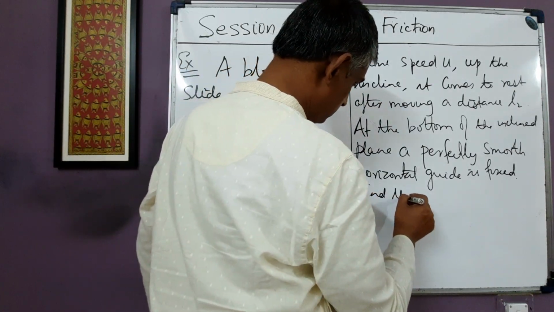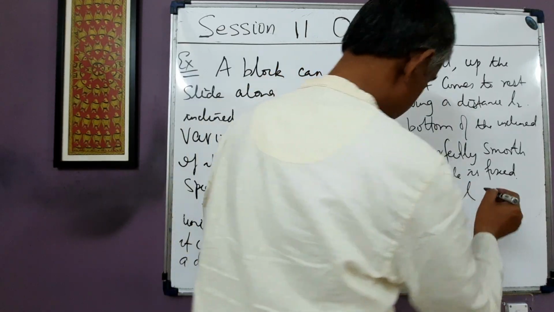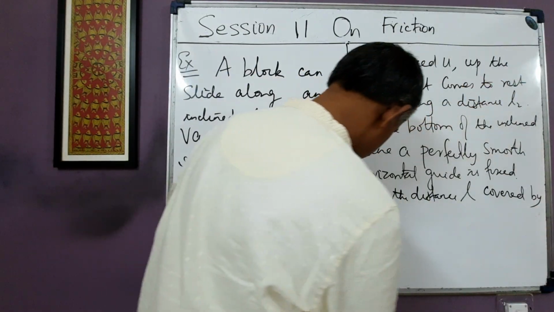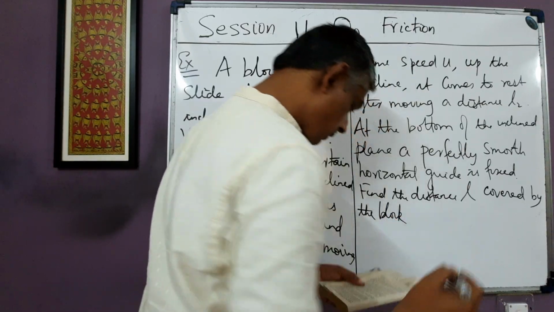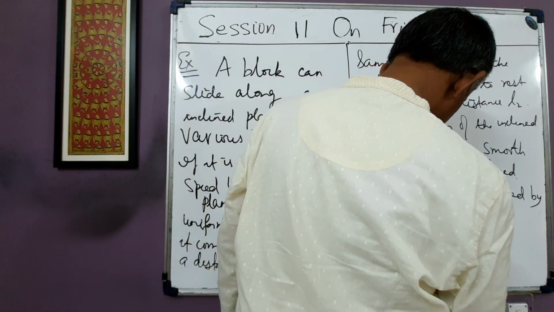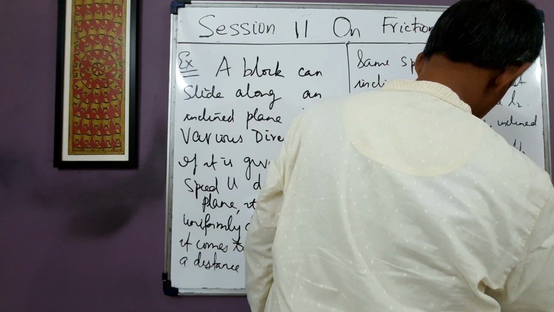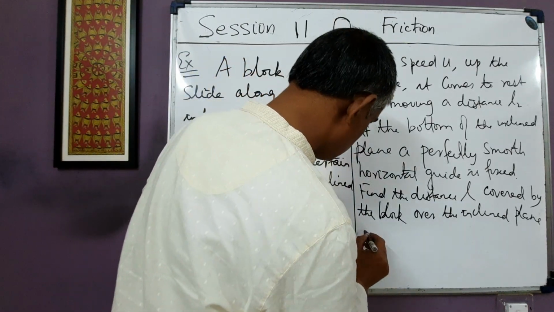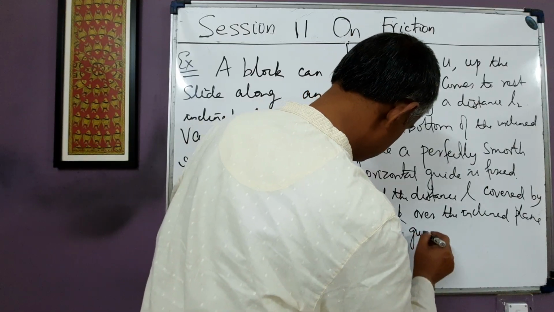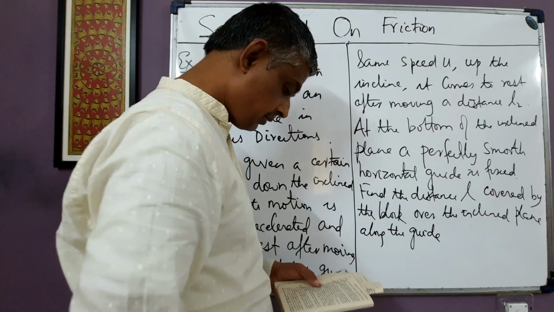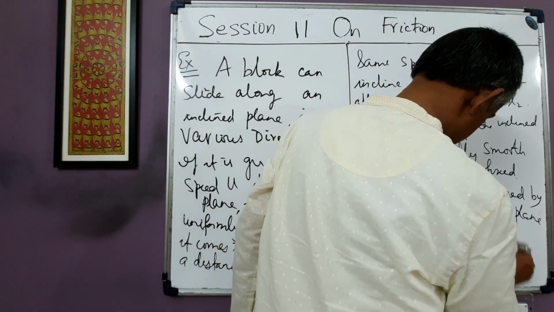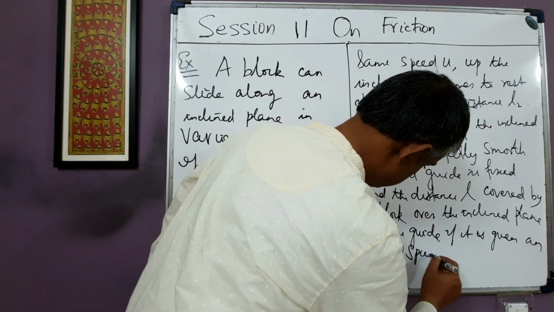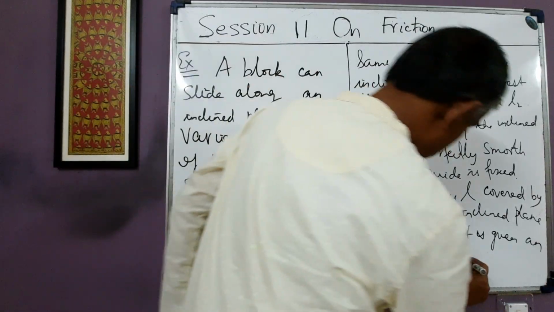Find the distance L covered by the block over the inclined plane along the guide if it is given an initial speed u in horizontal direction.